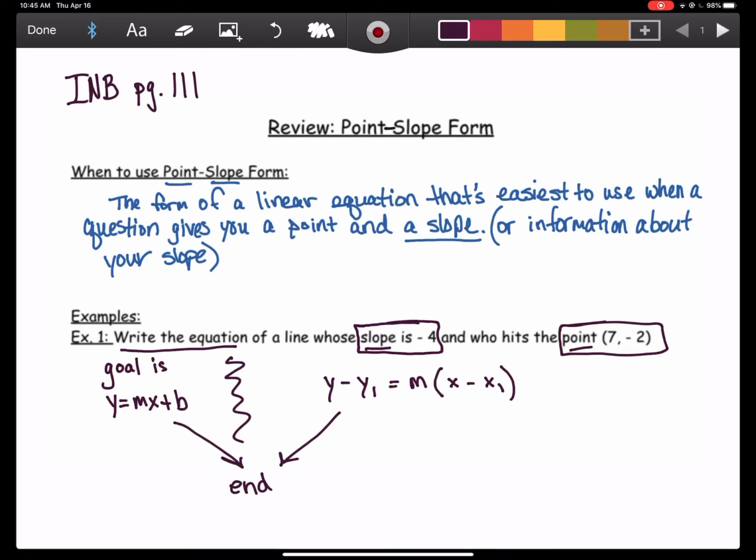You don't have to write this, but they result in the same information, okay? It's just a matter of, do I have a slope and y-intercept, or do I have a slope and a point? In this case, I have a slope and a point.